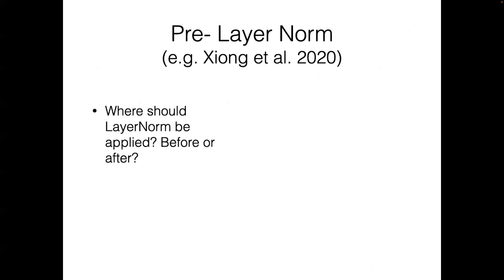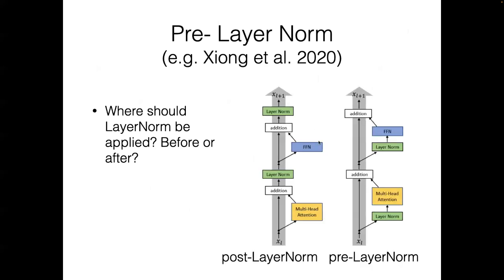Okay. So we have three more things to get through. The other one is called pre-layer norm. I mentioned this earlier: you could decide where this layer norm is going to be put in the architecture. And what people found, there's actually this whole paper about it, is that putting the layer norm prior to the attention or the feed forward network was favorable in terms of the gradients and the optimization stability.